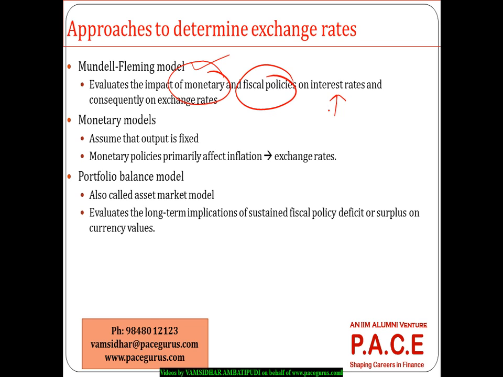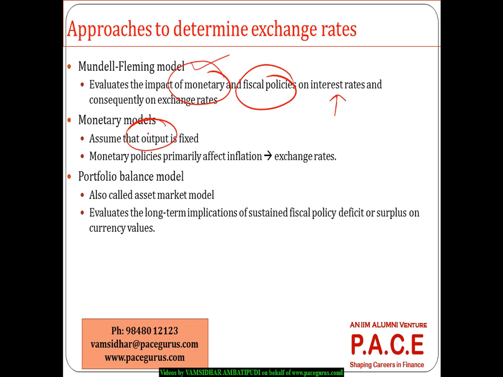So they assume that the output is fixed, which means the fiscal policy does not play any major role in influencing the interest rate. They primarily model that monetary policies are the things which have a primary effect on the inflation and thus the exchange rate.